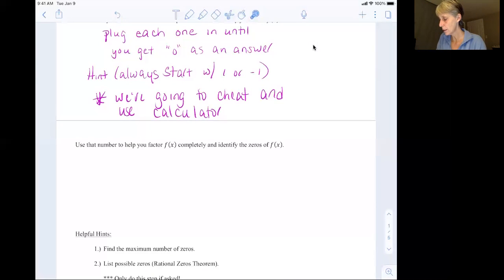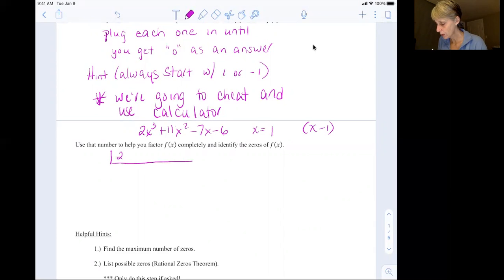Now we're going to take our function: 2x cubed plus 11x squared minus 7x minus 6. We're going to use x equals 1 as our divisor, which means x minus 1 is a factor. 2, 11, -7, -6. I'm dividing by 1. Remember, this is synthetic division.